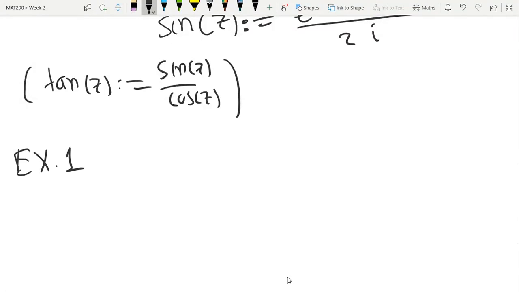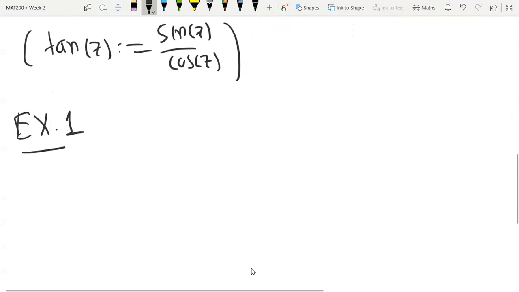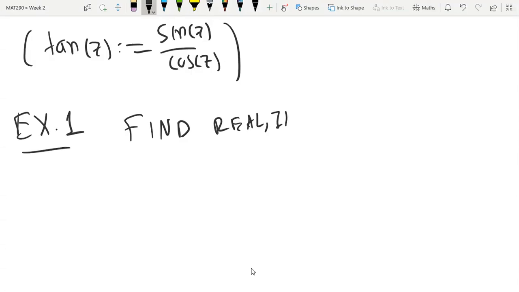Okay, let's start with this guy. Find the real and imaginary part of sine of minus 4i.